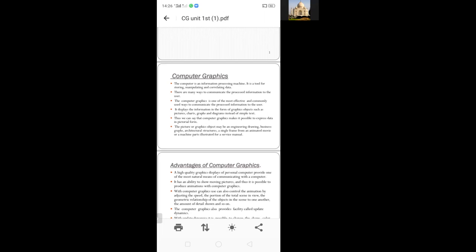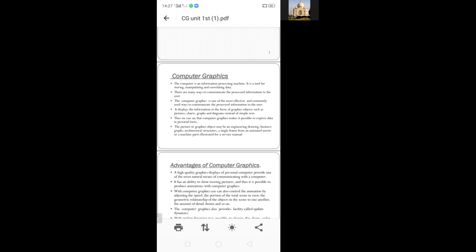Initially we should know what a computer is. As we know, the computer understands only the language of zeros and ones. So computer graphics also deals with zeros and ones.